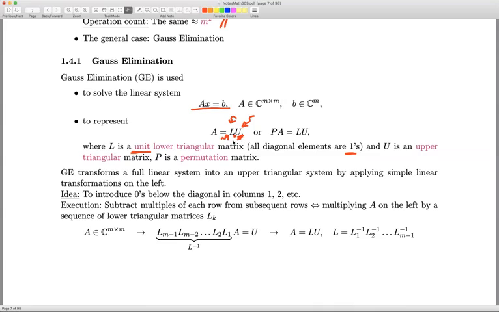Once you do that, you will end up with equations that will determine the entries of L and U.